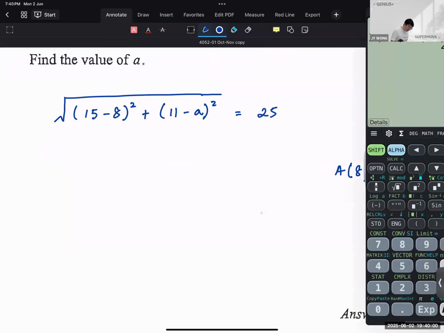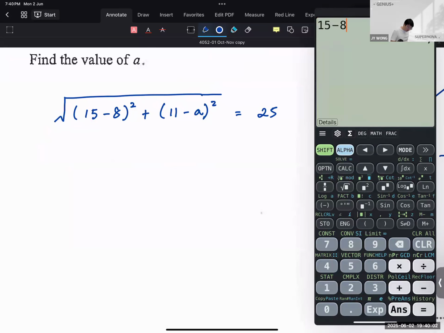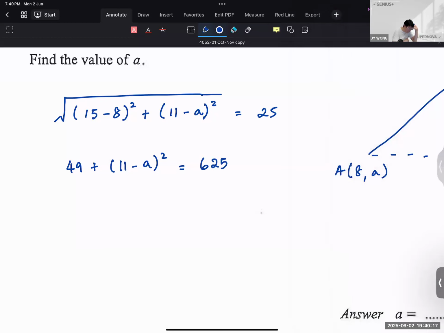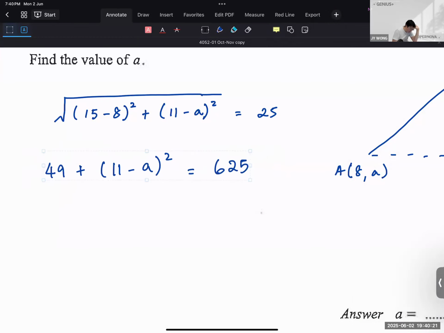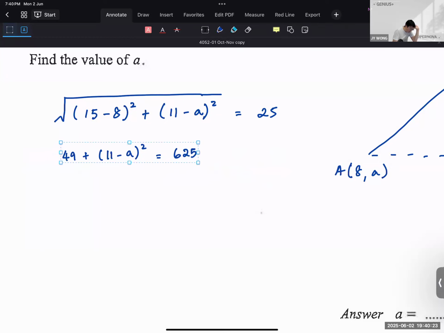So 15 minus 8 is 7. 7 squared is 49. So I square both sides, I will get 49 plus (11 minus a)² equals to 25 squared, also 625. So we always square both sides to get rid of the square root.